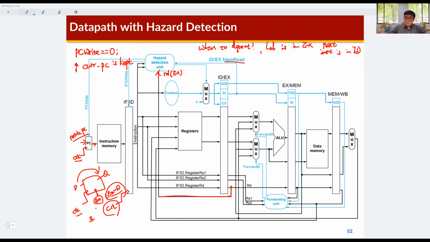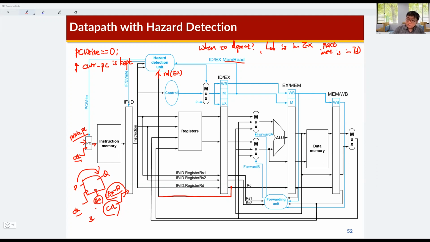The instruction memory will generate the corresponding instruction that is stored in this memory. But if the address is not updated, then the same instruction is kept in the instruction fetch stage.